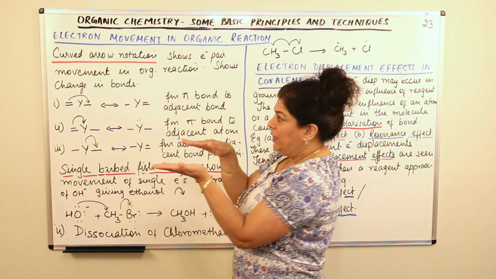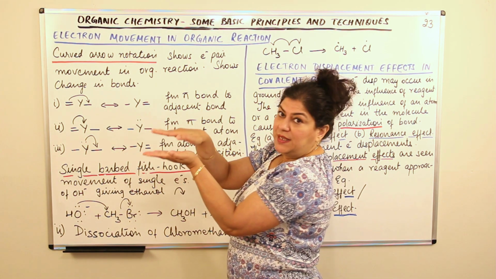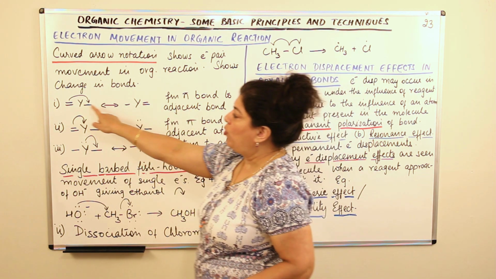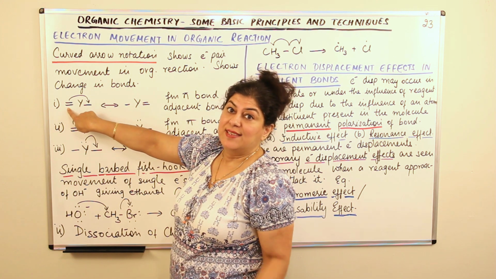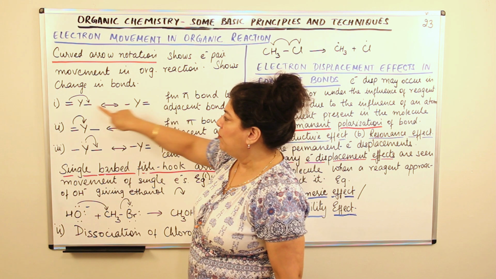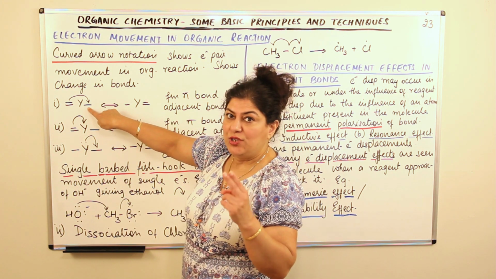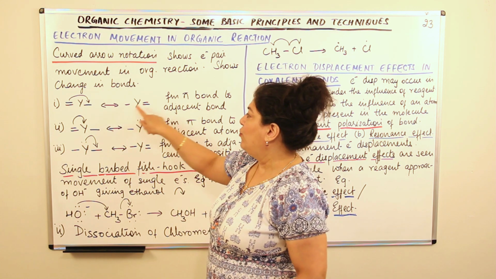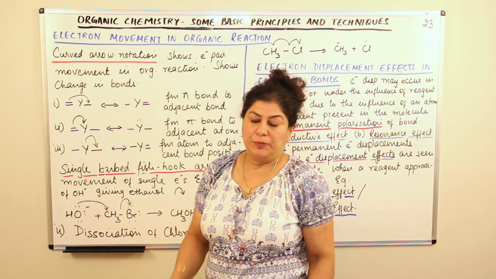A bond is a pair of electrons. So if it has a double bond, it means it has two pairs of electrons. If one pair moves to the adjacent bond, now this bond has only two electrons, that is one pair, so it is left with a single bond, and this bond which already had two electrons now gets two more. In other words, it becomes a double bond. The four electrons will form a double bond.